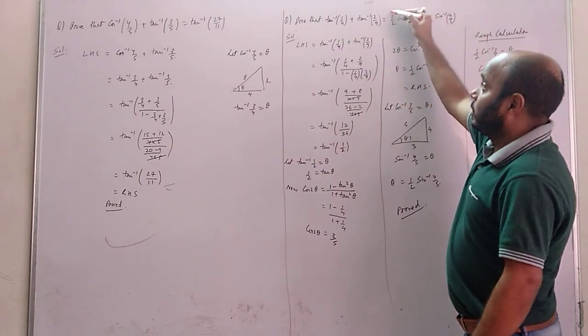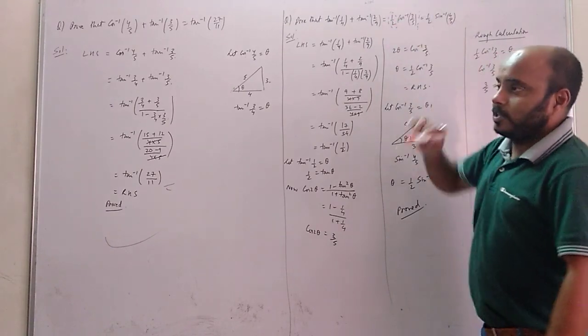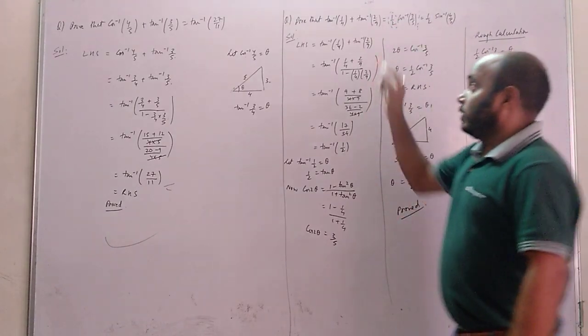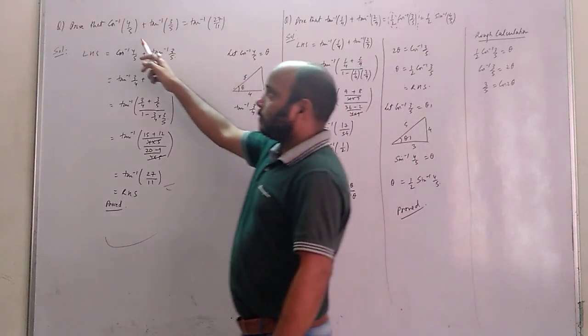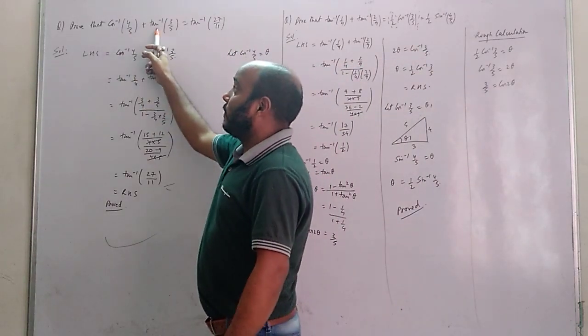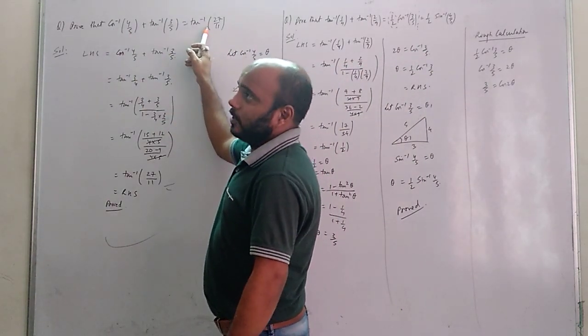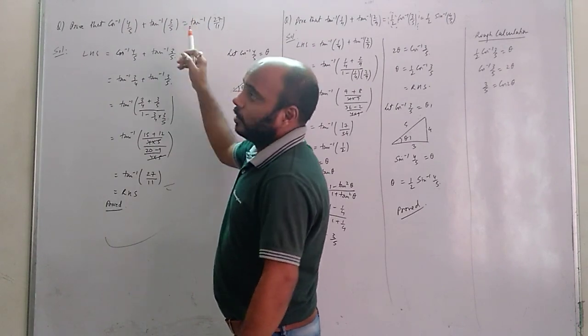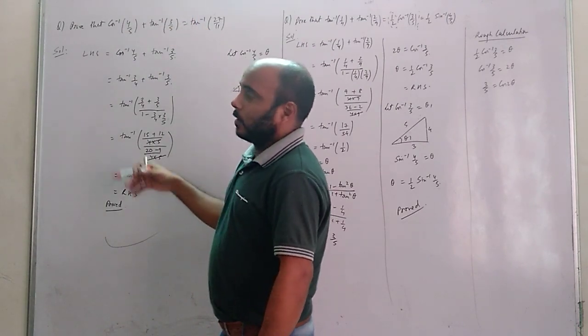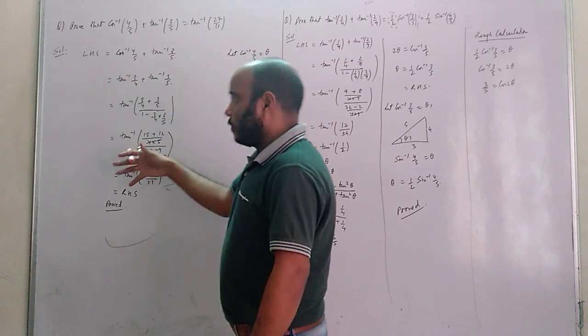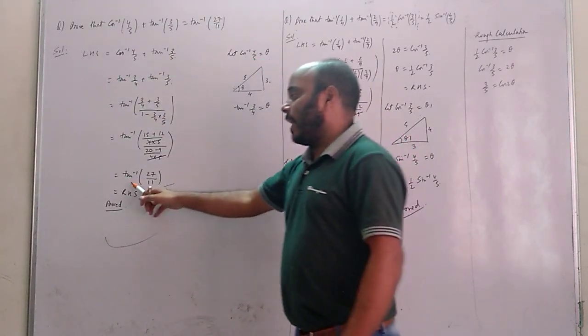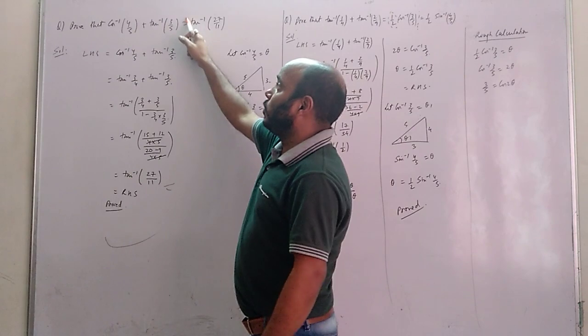Now see, this half is troublesome. It will create a problem. This type of thing was not there before. In the previous question we had an inverse on the left, an inverse on the right, and no coefficients, so we could directly solve it: convert into like inverses, solve it, and get the answer.